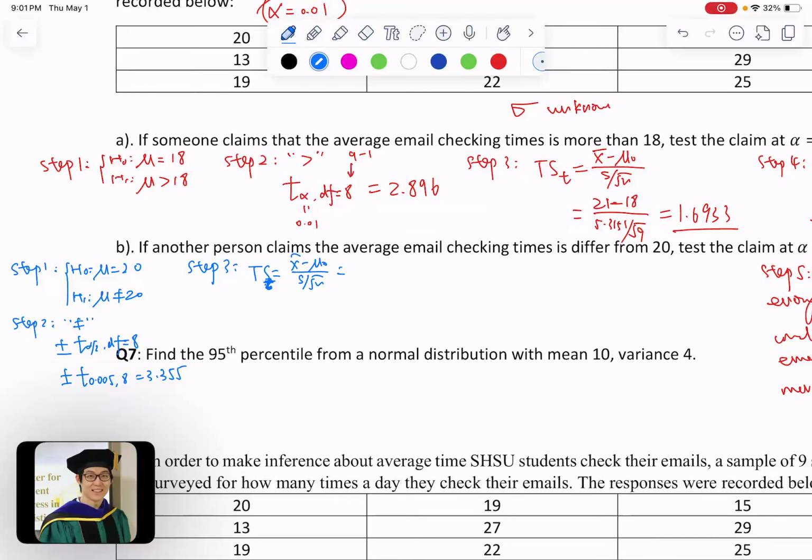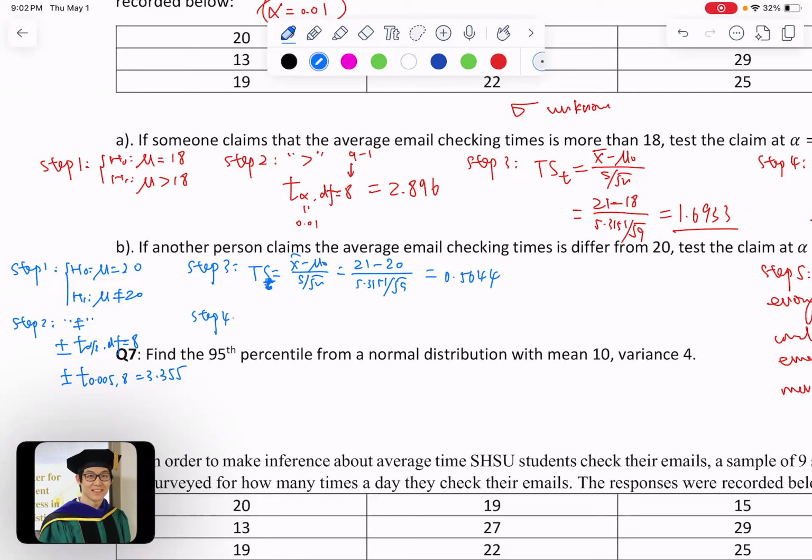So x bar is 21 minus mu naught, which is 20, over 5.3151 over square root of 9. So that's actually 1 over 5.315 over 3. That gives us 0.5644.